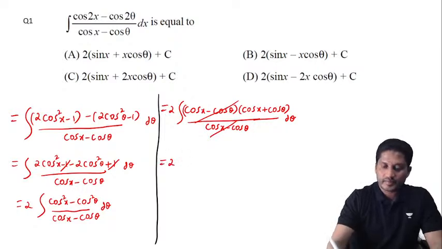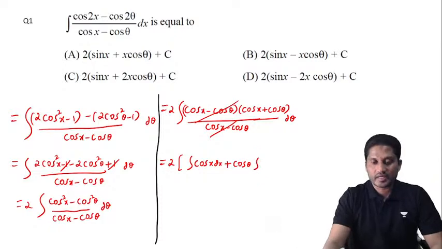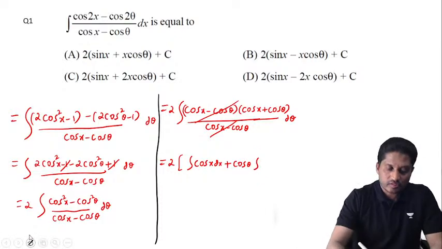Now if I integrate this, integration of cos x dx plus cos theta is a constant, I'm going to take out. I'm integrating with respect to x, right? So this is dx. According to the question, that is dx.